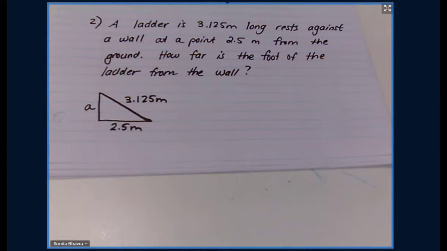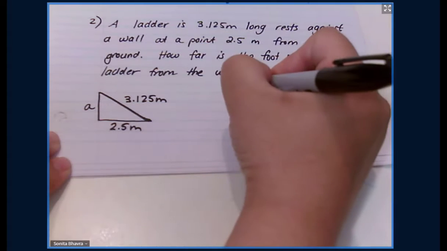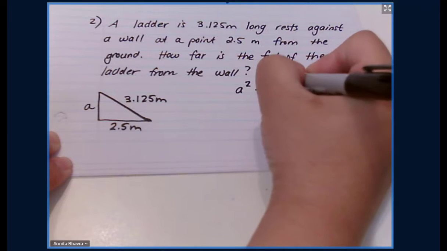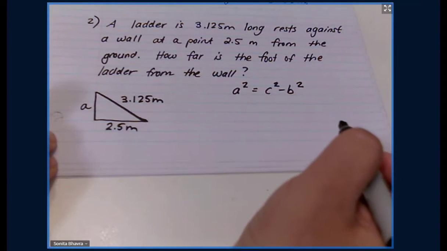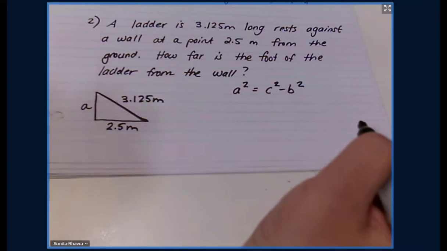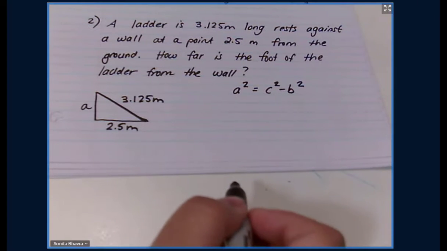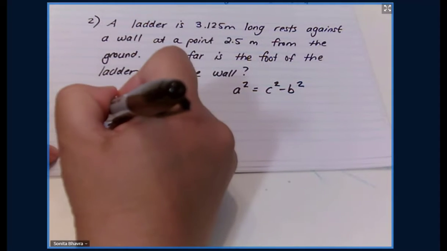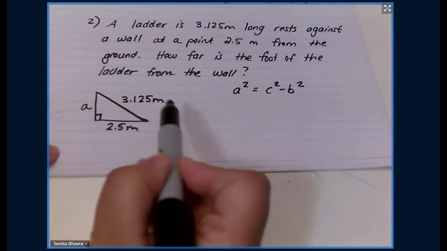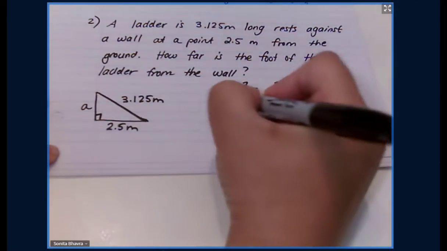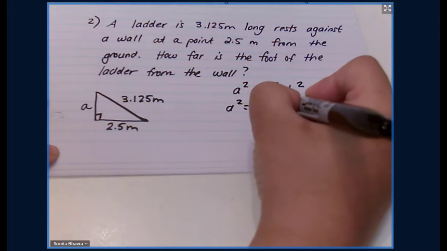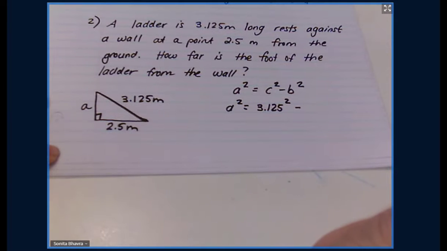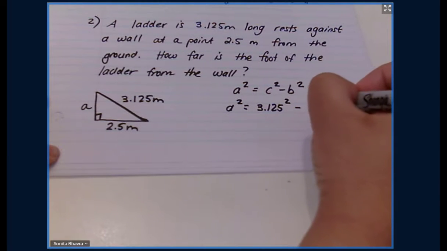All right, so using our Pythagorean theorem, we can solve for A squared. We can solve for A. So A squared is equal to C squared minus B squared. And C is the 3.125. There's our right triangle. So this is our value for the hypotenuse. So 3.125 squared minus our b squared, which is 2.5 squared.